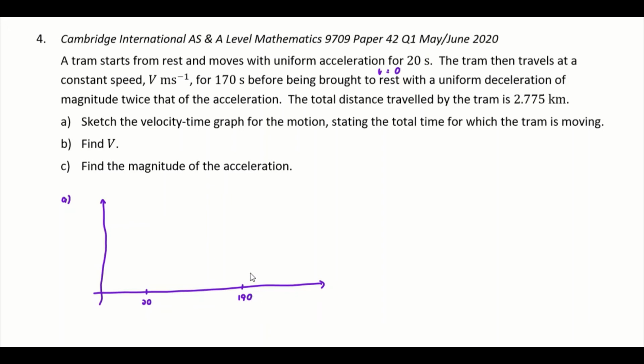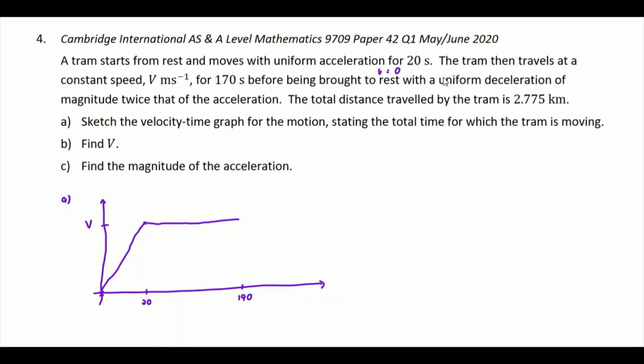Okay, so you can imagine what happened here is uniform acceleration, which means it starts from rest, and uniform acceleration means a straight line for 20 seconds. Then after that, it travels at a constant speed v. So for the first part, you accelerate until it reaches v. Then for 170 seconds, it is a constant velocity.